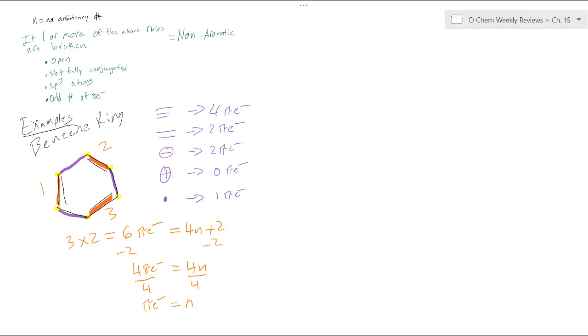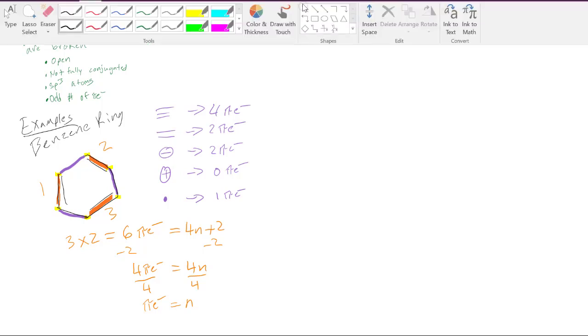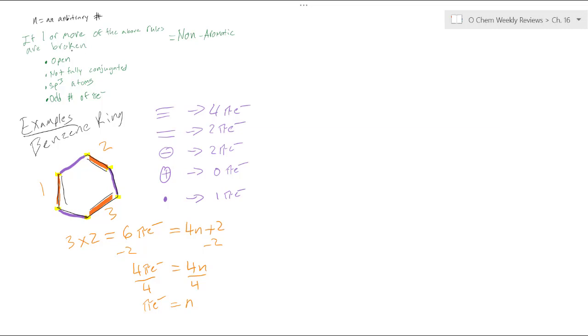So let's take a look at a few more examples of what it means to be aromatic or anti-aromatic. So give me one moment to draw all these out.